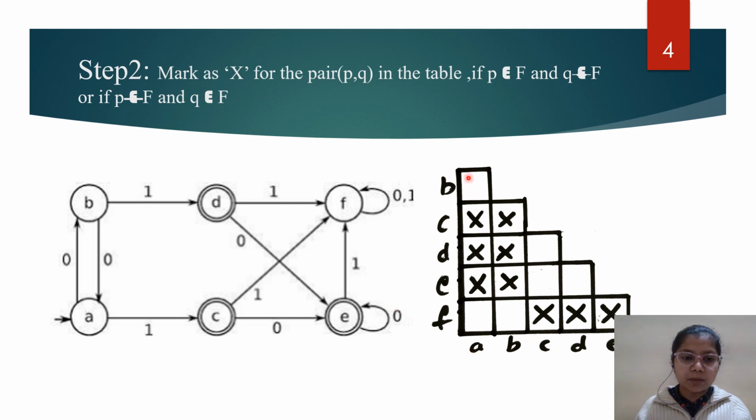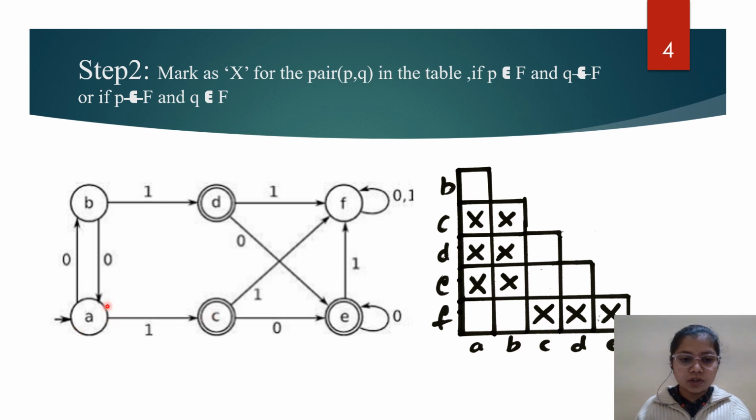AB, take the pair AB. A does not belong to the final state. B also does not belong to the final state, so it is not marked. Next is AC. A does not belong to the final state, whereas C belongs to the final state, so it is marked. Next is AD.